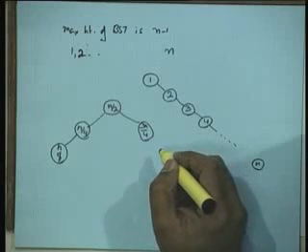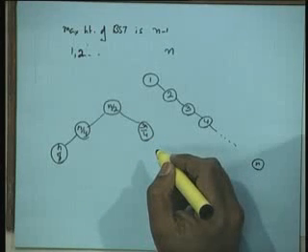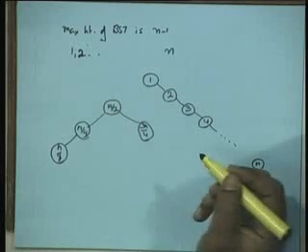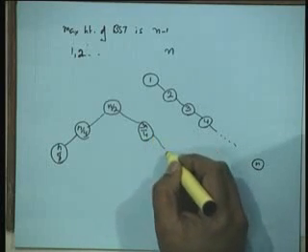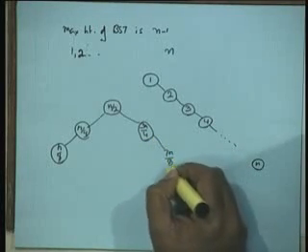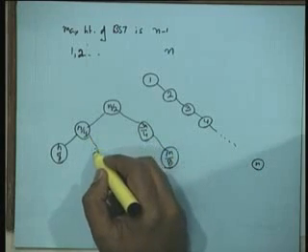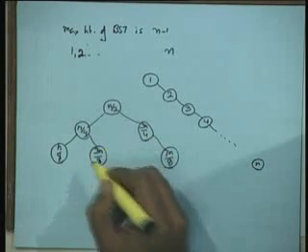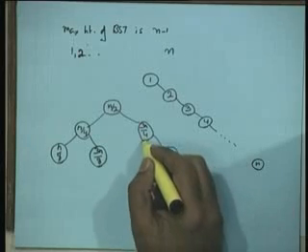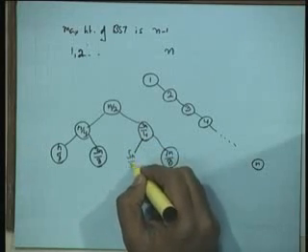Can I insert 7n by 8 at this point? No harm, right? I can also insert it here. 7n by 8 will always come here. Now I can insert my 3n by 8, and now I have to insert 5n by 8, which will come here.